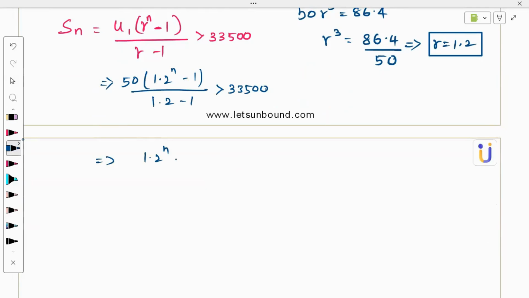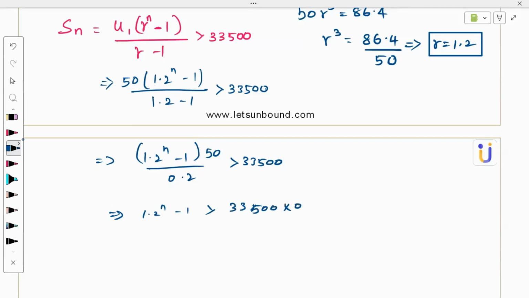So 1.2 power n minus 1, divided by 1.2 minus 1 which is 0.2, and there's a 50 over there, greater than 33,500. So the 0.2 will get multiplied: 33,500 times 0.2, and 50 will go divide.